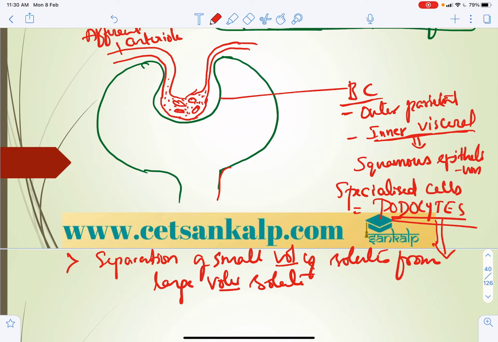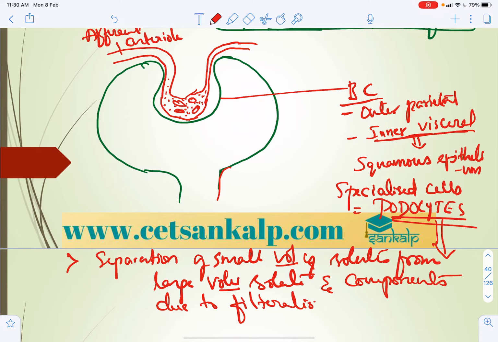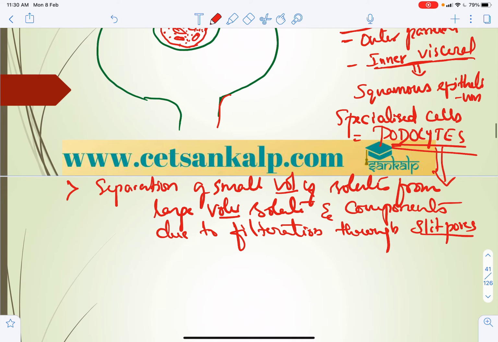That gets separated, and the other components get filtered through slit pores. These slit pores are also called filtration slits.